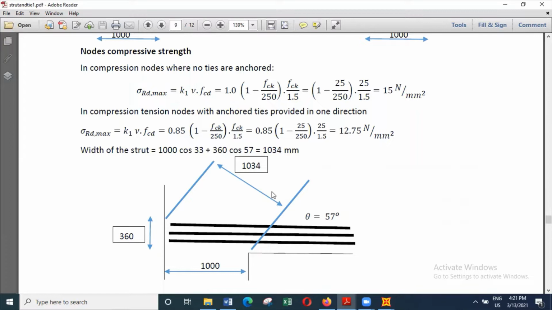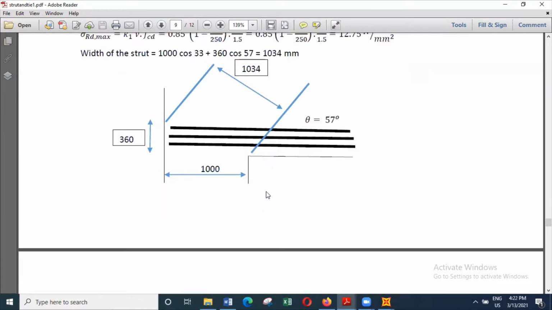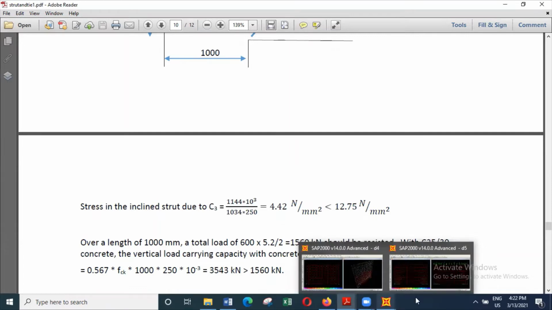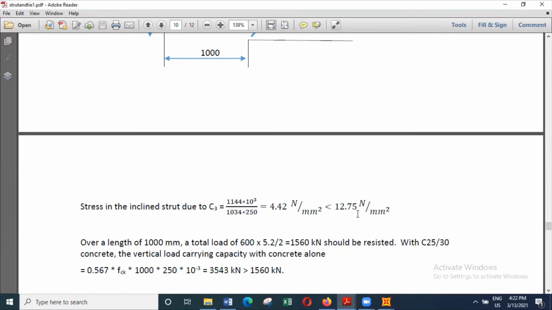And when the width increases, we have a particular advantage because the stress in the strut will be reduced. So stress in the inclined strut due to C3 is 4.42 newtons per millimeter squared, very much lower than 12.75. So we don't have to worry about it.